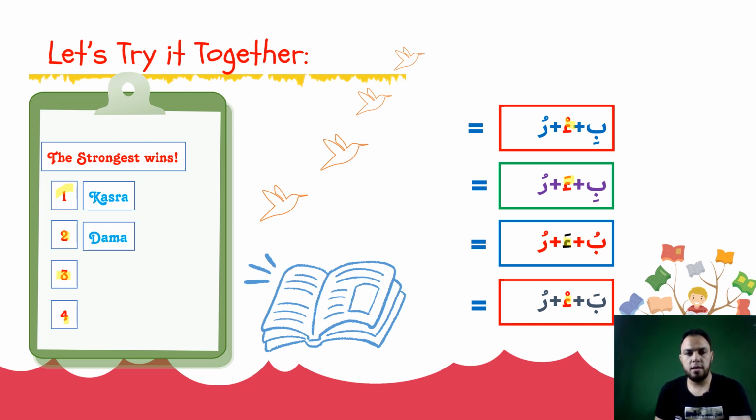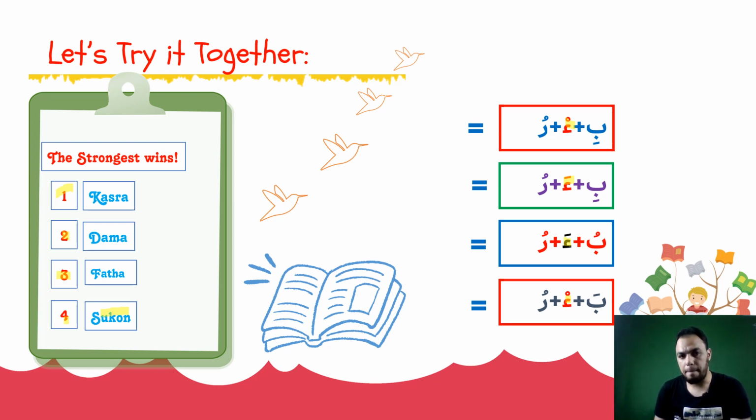Then comes dhamma next, then comes the fatha, and the last is sukun. It's not a haraka, it's sukun, so it's the weakest. So we have the strongest here, kasra, then dhamma, then fatha, then sukun. Okay, now we know the strongest.